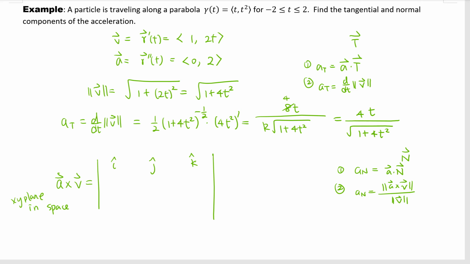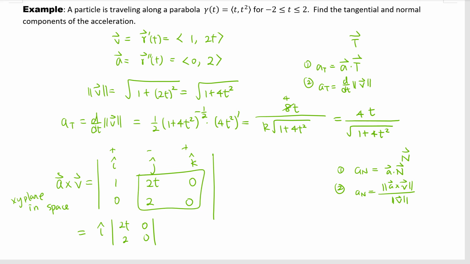So V is 1, 2t, 0, and A is 0, 2, 0. The minor is 2t, 2, 0, 0, with signs plus, minus, plus.